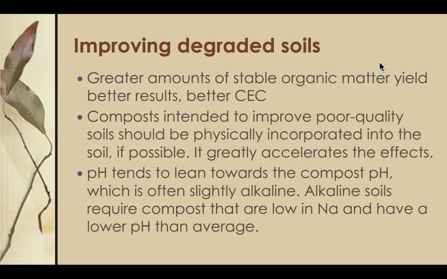Okay, so this is going into that a little bit more in detail. If your objective is to improve your degraded soils, then you're going to want a lot of carbon. You're going to want a lot of stable carbon, stable organic matter, because it's going to improve your cation exchange capacity, which is the ability of the soil to transfer positively charged ions onto a negative surface.